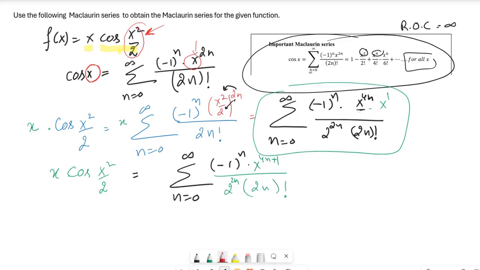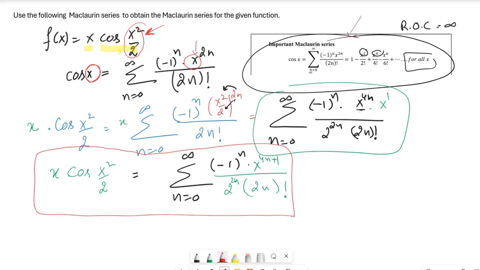So this is our answer. You don't always have to write the series from scratch. If you remember the standard Maclaurin series, you can use that to write some of the functions faster. We know the radius of convergence here would be infinity because this is true for all x.